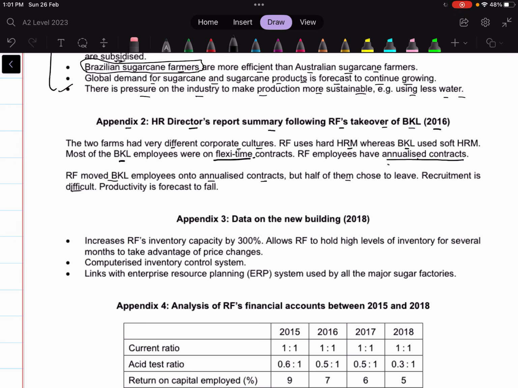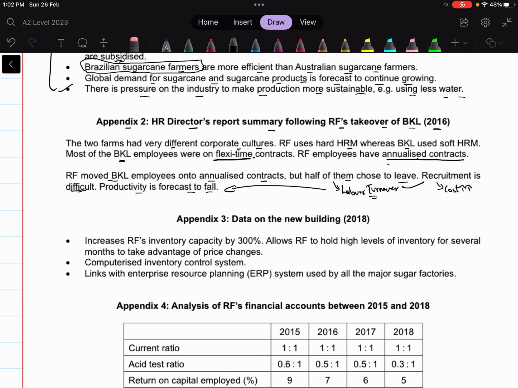But half of them chose to leave. Recruitment is difficult. Productivity is forecast to fall. So then again, recruitment is difficult, which means that it's going to cost you. And since people are leaving, it would have increased your labor turnover, which would have directly impacted your productivity as well.